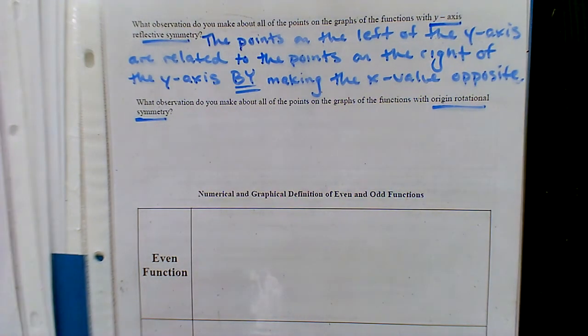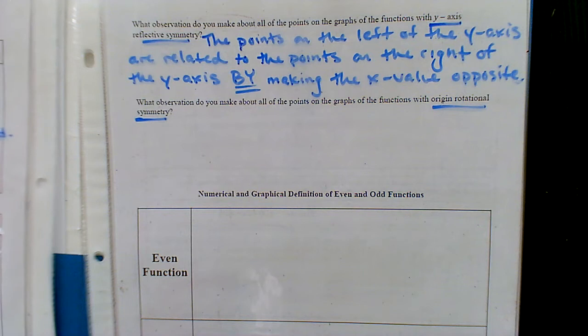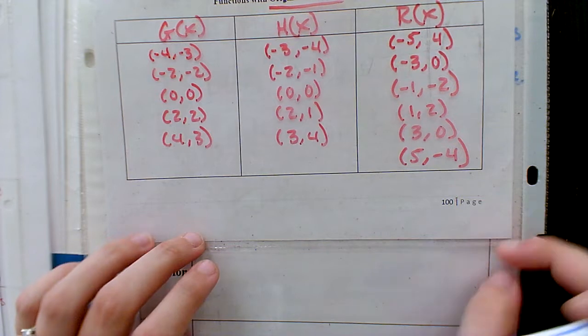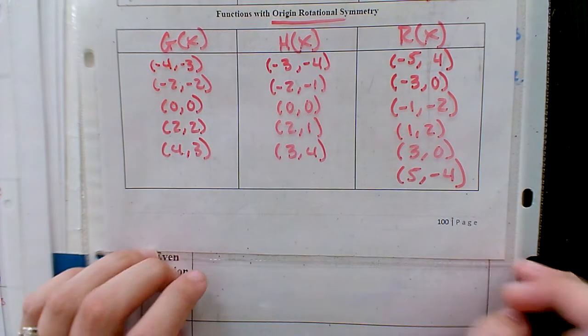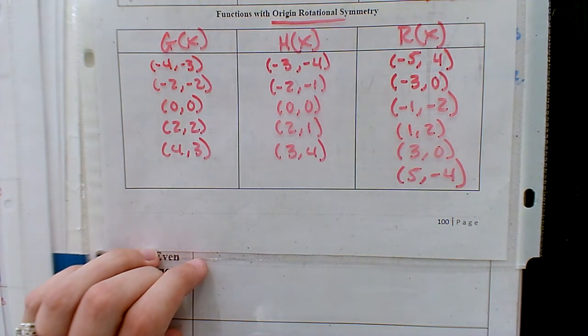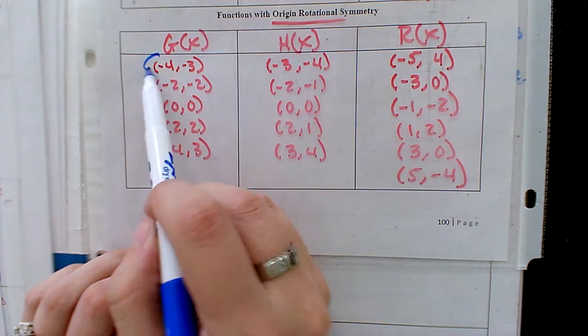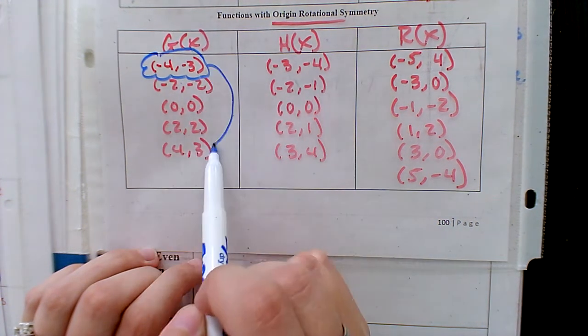Let's see if we can find kind of a similar connection for the rotational ones. So taking a look at the ordered pairs for the bottom chart, can we find a connection between those points? Yeah. Both the x and y values are opposite.